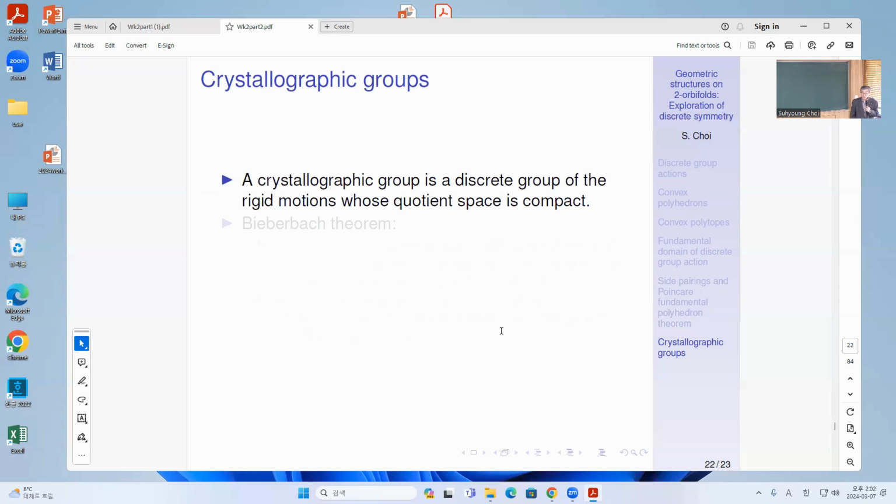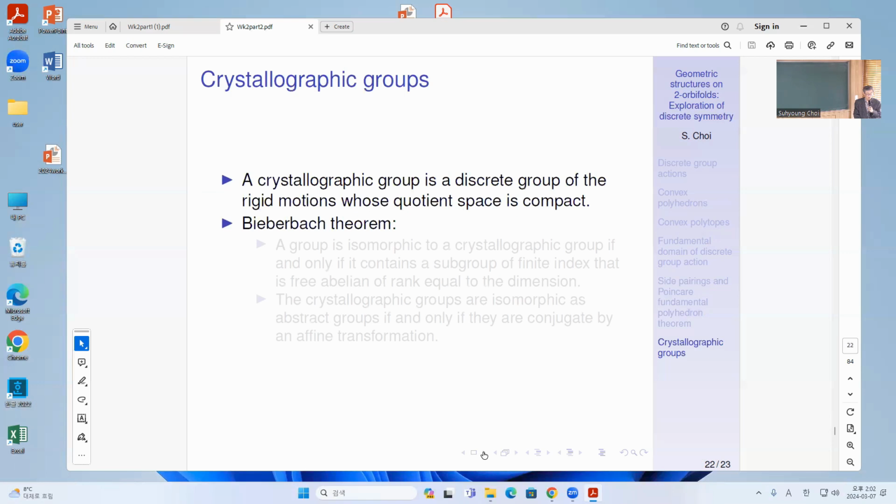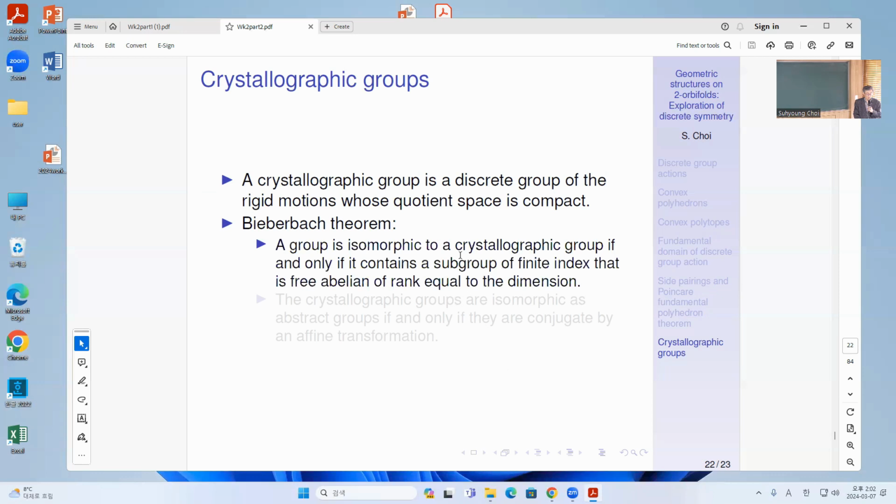And the final topic is crystallographic groups. I'll just briefly go through it. A crystallographic group is a discrete subgroup of rigid motions on R^n whose quotient space is compact. And the Bieberbach theorem says that a group is isomorphic to a crystallographic group if and only if it contains a subgroup of finite index that is free abelian of rank equal to the dimension.